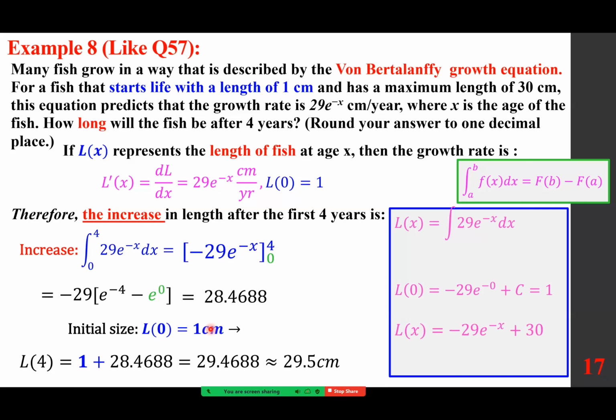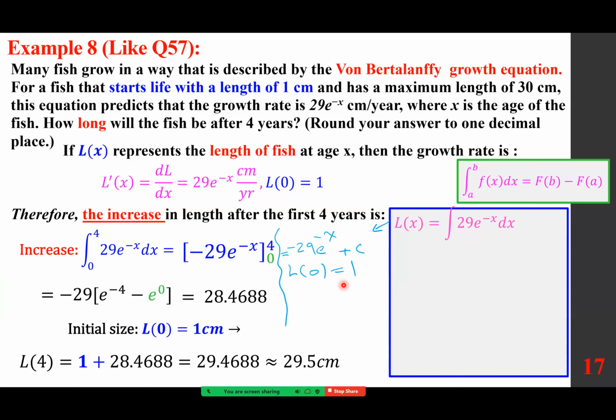Let me just, this gives you, comes out at the end. This will give you negative 29 e to the power minus x plus a constant, where L of 0, we know it to be 1, and that's a general solution.